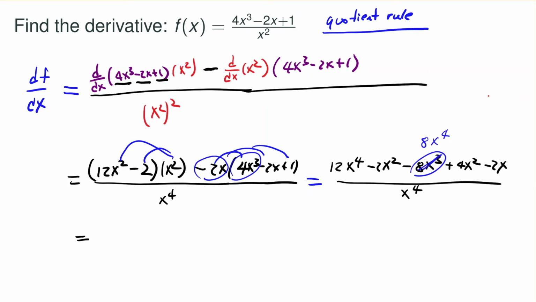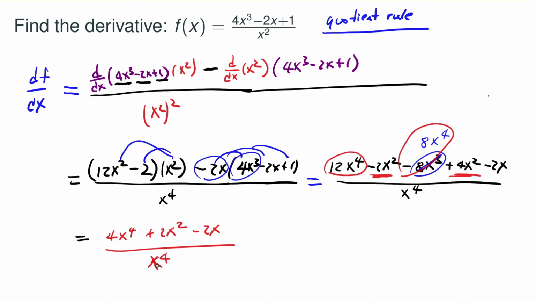So that when we collect like terms, we can do this minus this, which gives me 4x to the fourth plus these two, which is positive 2x squared minus 2x over x to the fourth. So this is the final answer. So earlier I made a quick distributing mistake. So this is the derivative of this function right here.